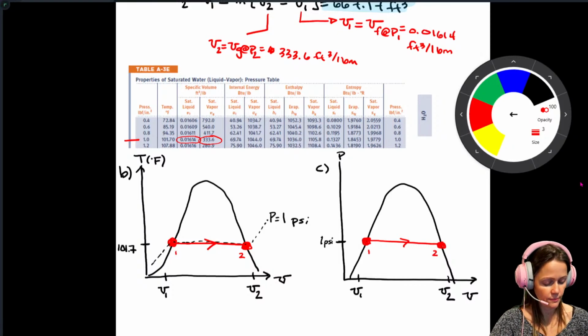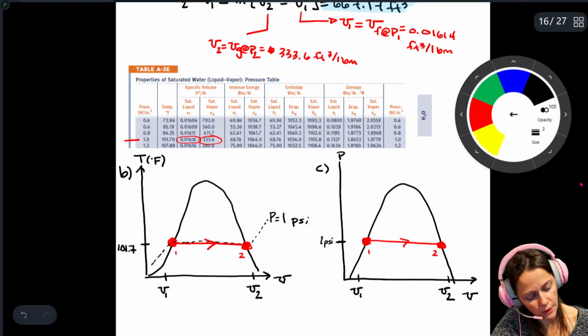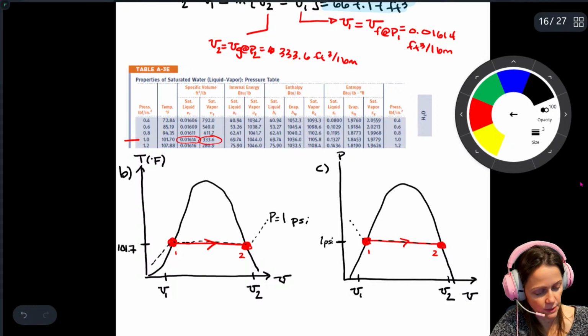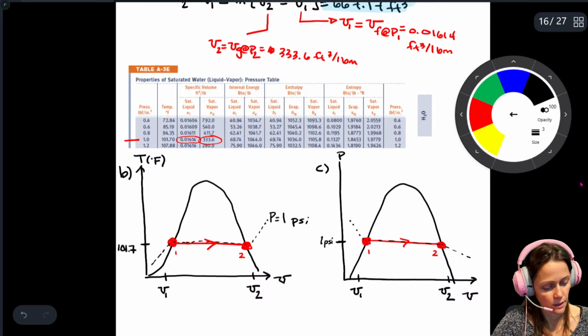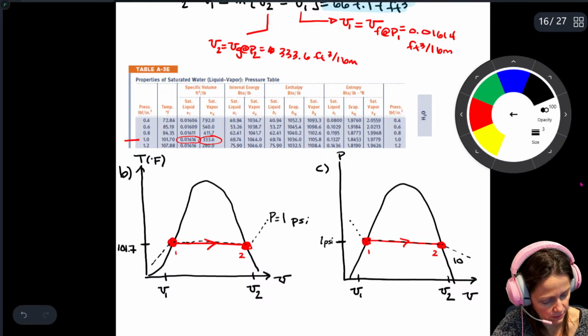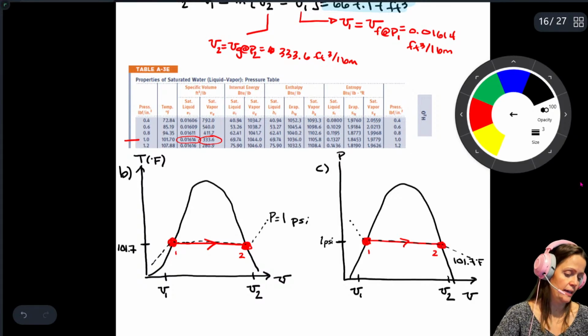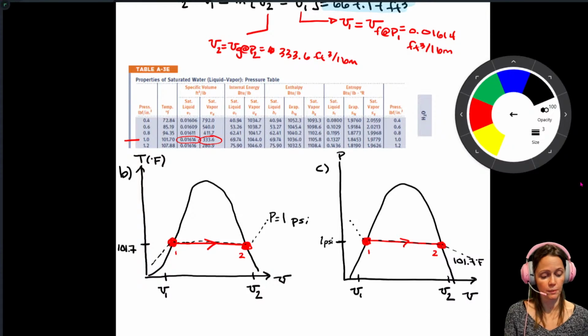Okay. I guess the only other thing you might be wondering is, is there a need to draw that line of constant temperature? Probably fine to not in this case. Really what I'm going to be looking for is, do you have the coordinates, right?